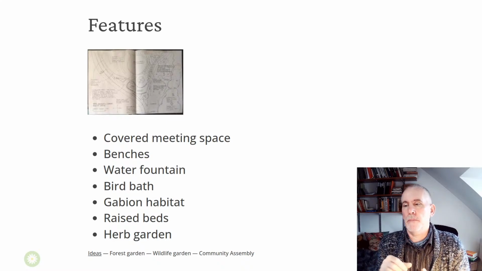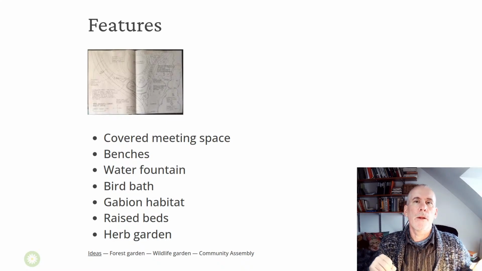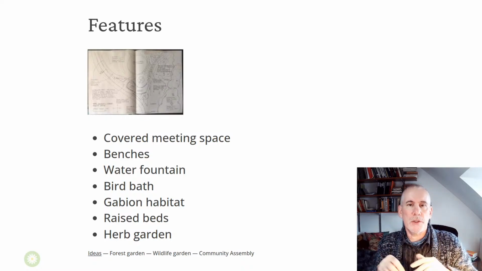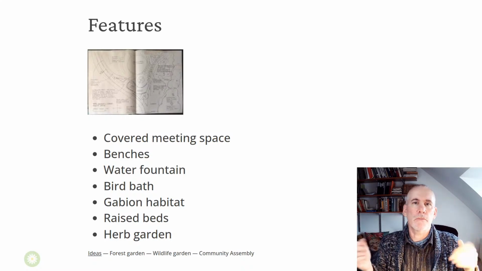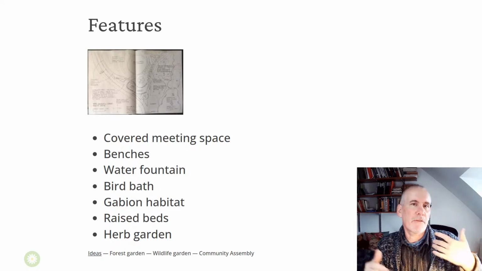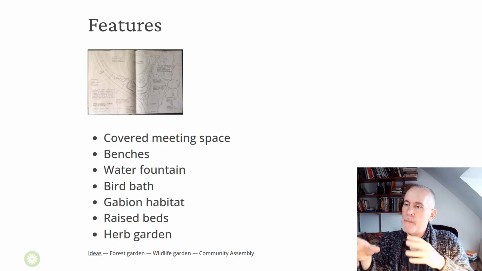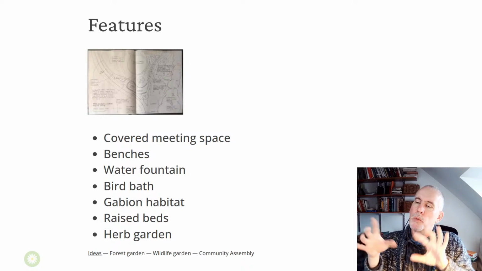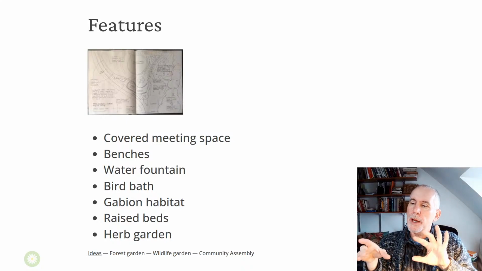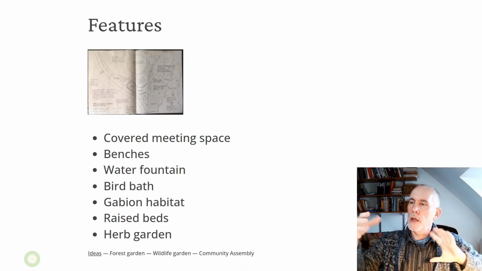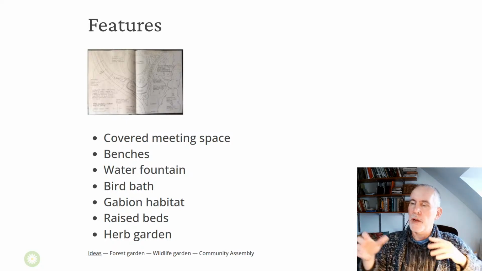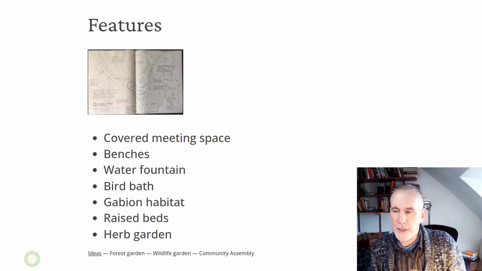You can put bee logs into them, craggy rocks, recycled aggregate, crushed bricks, or all sorts of different things. We'll use them for the bird bath and water fountain, and a couple of other things as well. I'm still thinking about how to use them. I've got to go on to the design in a while.